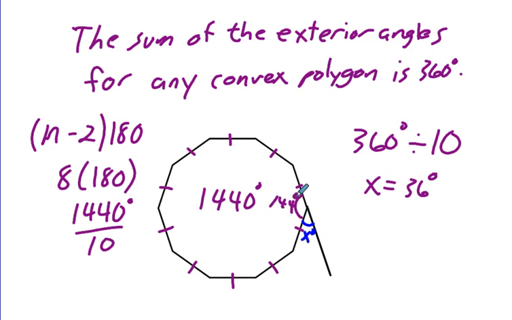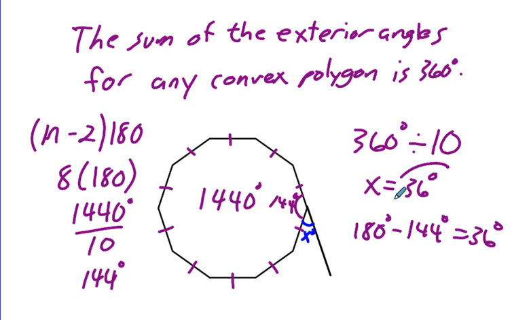We know that interior plus exterior has to be 180, so we can take 180 degrees minus 144, and it will in fact give us the 36 degrees that we found up here in that one step. So that's essentially your exterior angle theorem for any polygon.